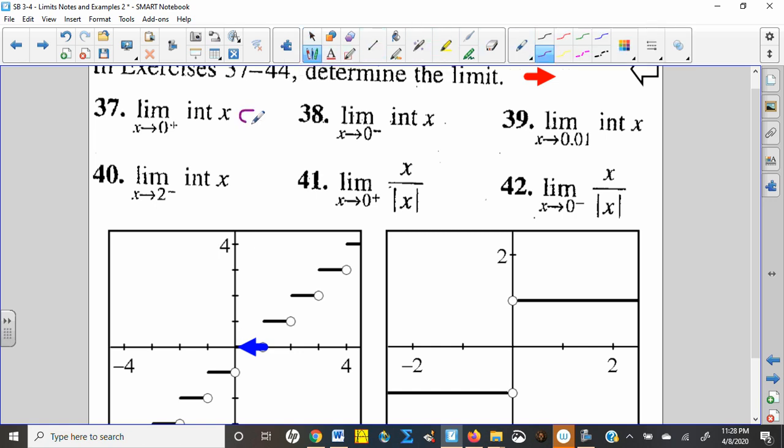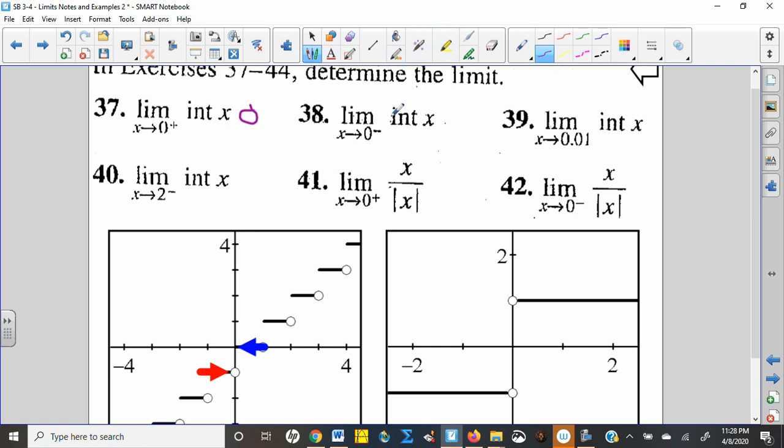So this would be 0. But what happens if I approach 0 from, see the little negative, right? From the left. Well, the function is not at 0, it's down here. It's at a height of 1. And so that's going to be 1.